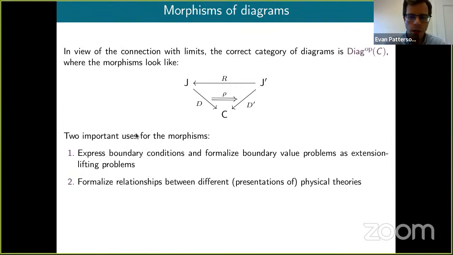And so we're going to see, depending on time, probably just one use here, which is to express boundary conditions and help formalize boundary value problems as a more general kind of lifting problem, which I'll call an extension lifting problem, although the diagrams can also be used in a more general way just to construct formal relationships between different presentations of physical theories.